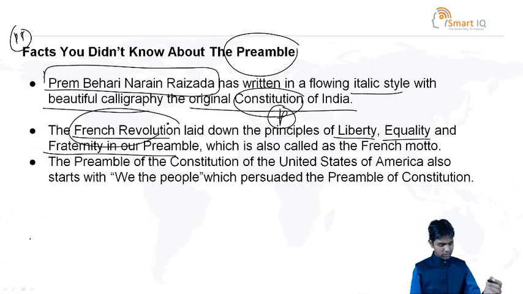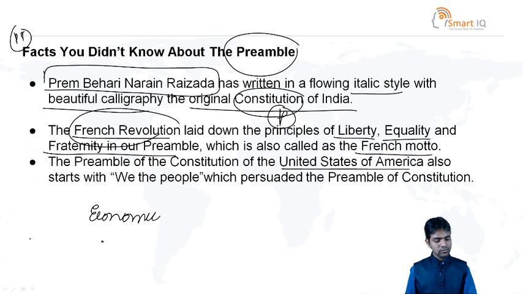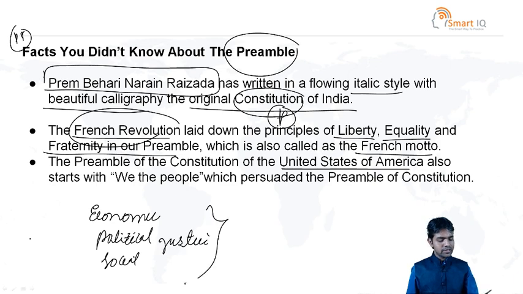Similarly, the preamble of the Constitution of the United States of America also starts with 'We the People'. Again, economic, political and social justice: these ideas are taken from the Russian Revolution.